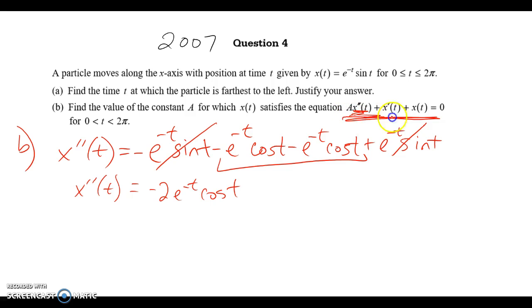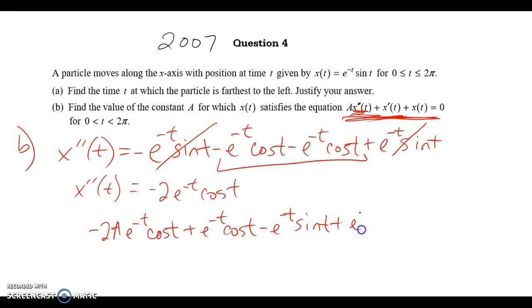Now I have everything I need to fill in this equation. So I'd have negative 2a e to the negative t cosine t. Now the first derivative, e to the negative t cosine t, and the original function. And where does that equal 0? Well, again, we get some like terms here.